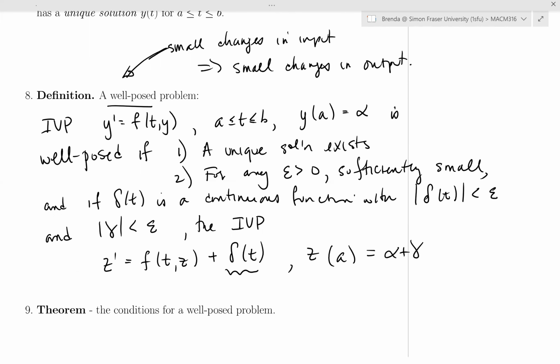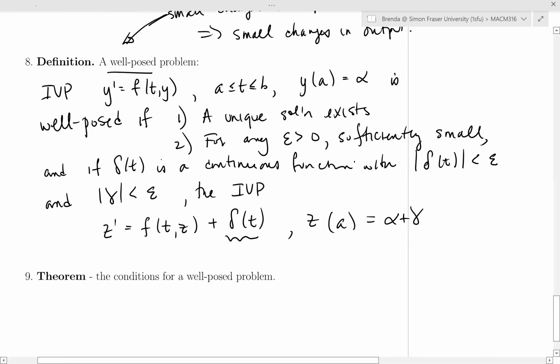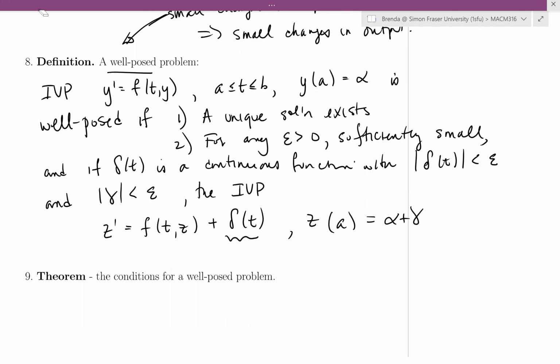So we just slightly jitter the input. And if we do that, we want the difference between the solution to this one and the original one to be less than some constant times epsilon, for a fixed constant. This k is fixed, so fixed k greater than 0, independent of epsilon.